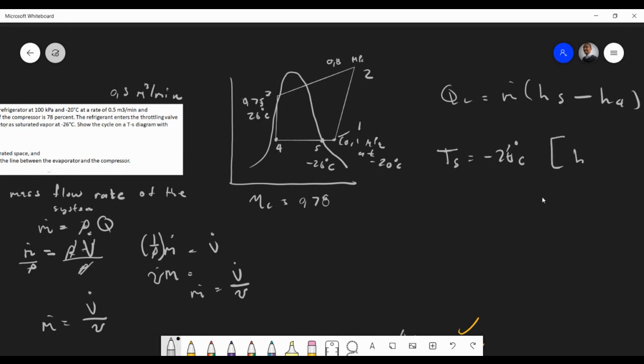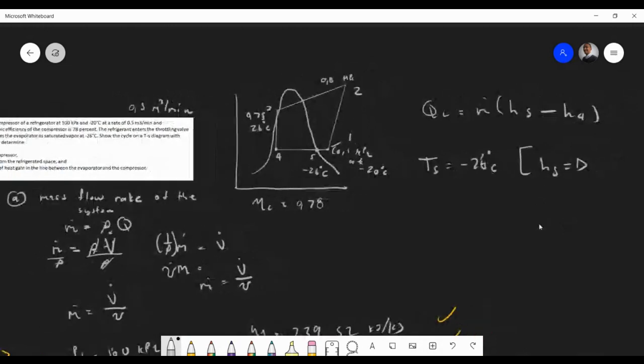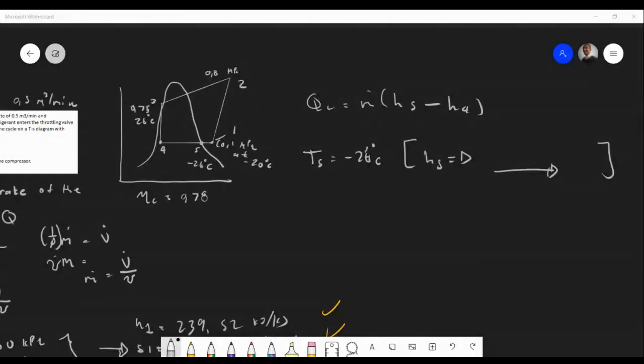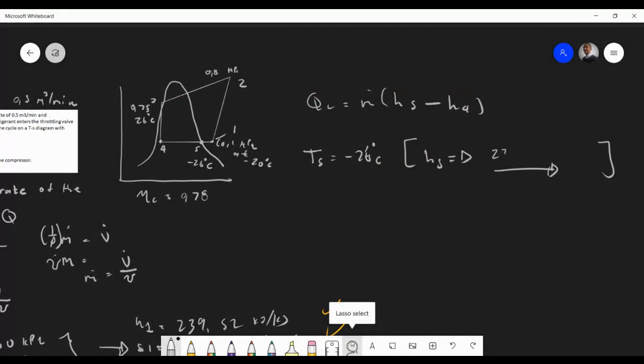We need to go find H5 now in our saturation tables. If you go to the table, I'll give you a moment to check. I'm checking this myself here. Minus 26, you would get an enthalpy value of 234.70. So be aware of those tricks there. 234.70.